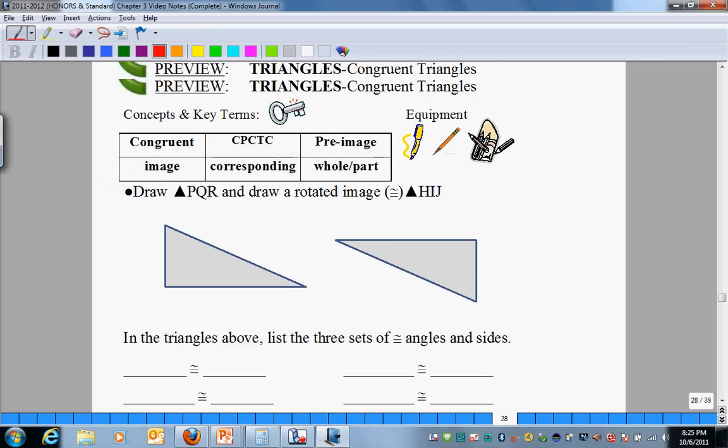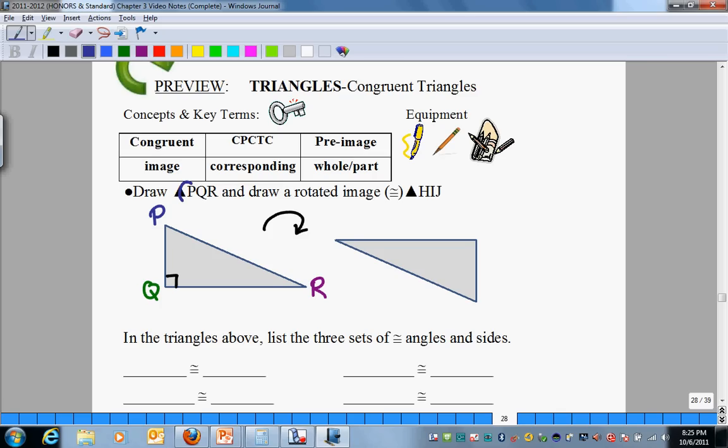In this triangle, let's label it PQR. And then we have a rotated image, and we rotate the exact same triangle, and we're going to call it HIJ.